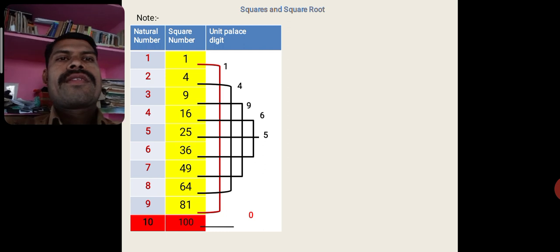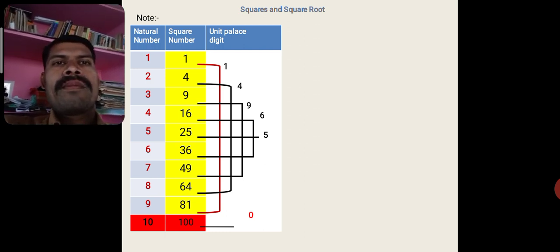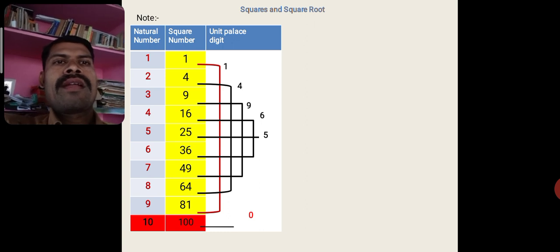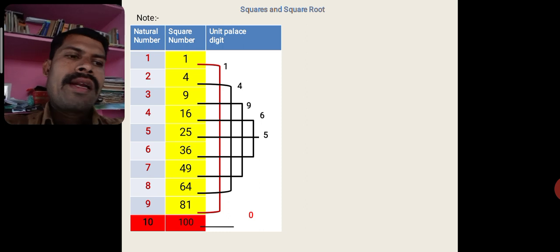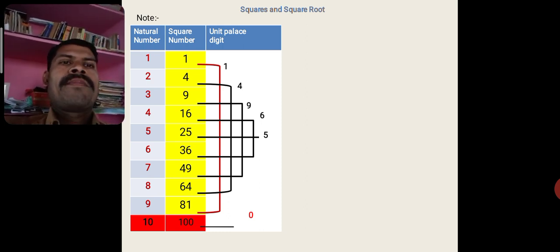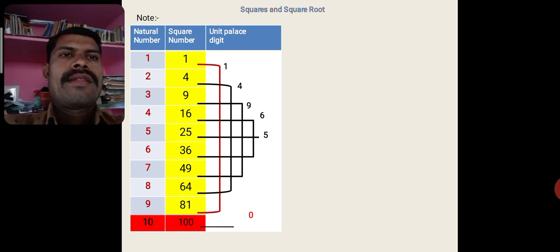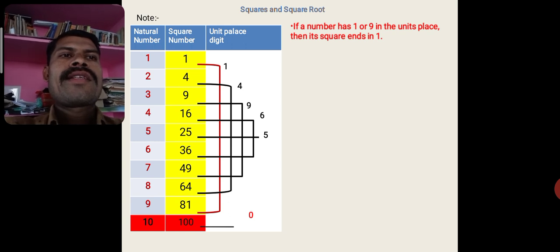Next, observe this. Here also I took natural numbers and their squares. To identify the unit place of a given perfect square number, it is very easy. This will help us. If a number has 1 or 9 in the unit place, then its square ends in 1.